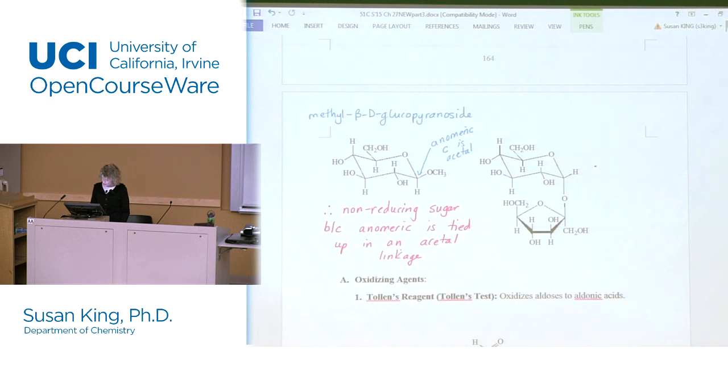All right, here's another example, and now we have a disaccharide. We want to find the anomeric carbon on both. So here's the anomeric carbon on this sugar, and here's the anomeric carbon on this sugar.